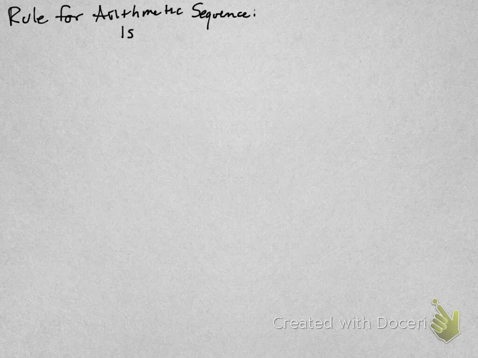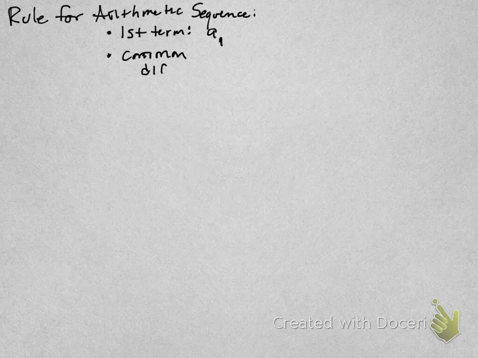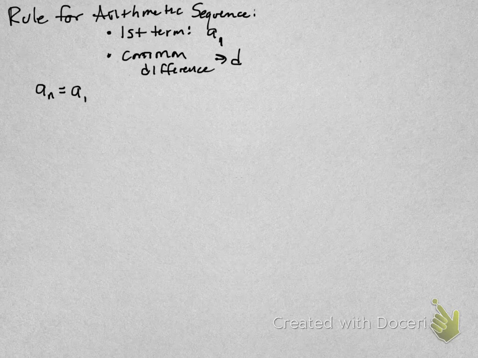If the first term is a sub 1, of course, that's always going to be our first term notation, and the common difference from term to term, remember that's the d value, is d, then the formula we can use for the nth term is: a sub n equals the first term, a sub 1, plus n minus 1 times the difference d.